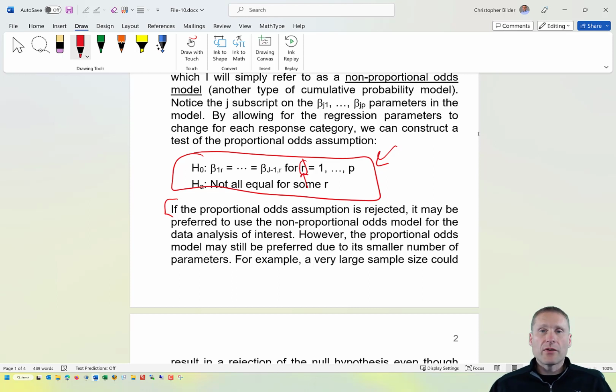Basically, just to review, if you take a large enough sample size, you are at some point still going to end up rejecting H0, even if that null hypothesis is only violated by a little bit. And that's a problem with any kind of hypothesis test whenever you have equality in the null hypothesis.